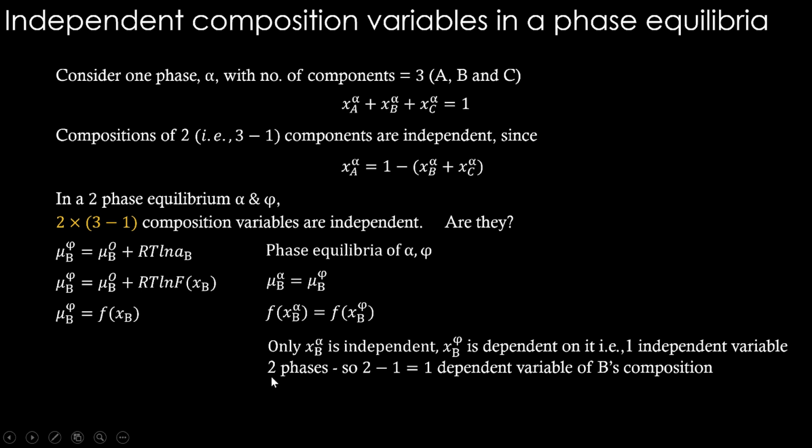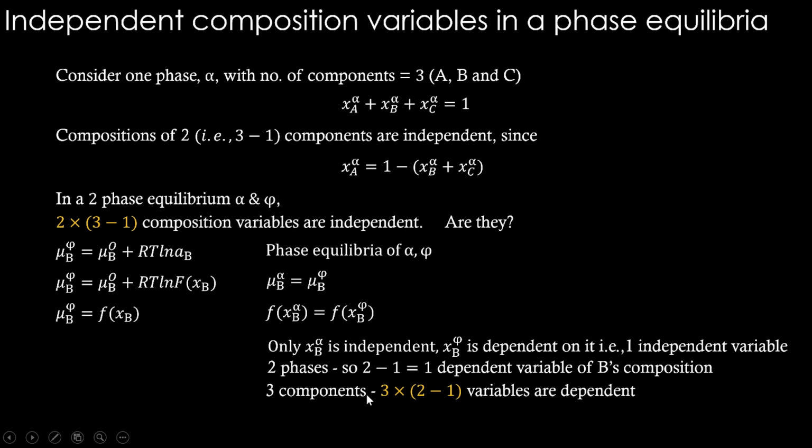Now we have 2 phases, so 2 minus 1, which is equal to 1, that many dependent variables of B's composition are there. If there are multiple phases, you can imagine what will happen. In this case, 3 components are there. Now this is only for B's composition, right? We are talking about only B here, and we started with A, B, C, 3 elements. So for 3 components, 3 multiplied by 2 minus 1 variables are dependent.